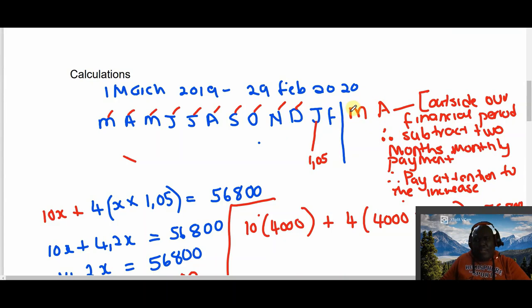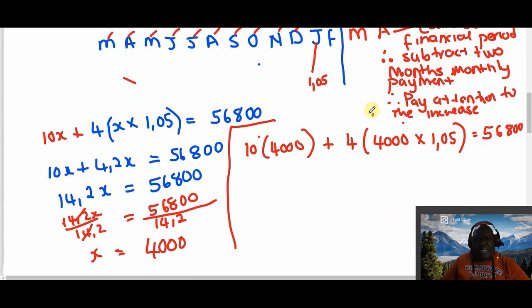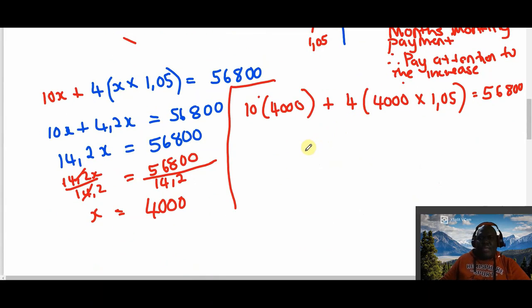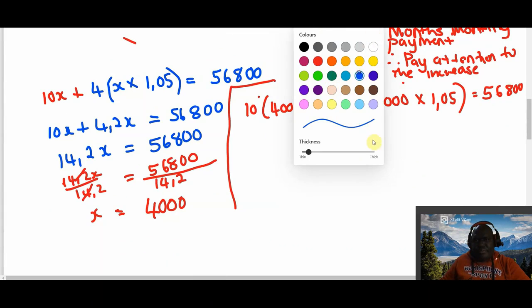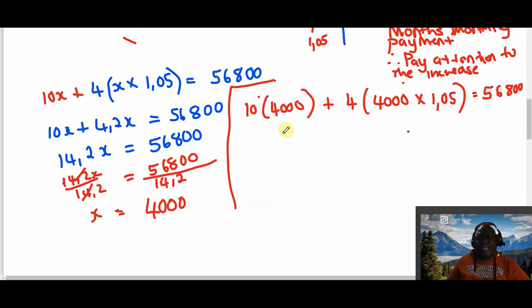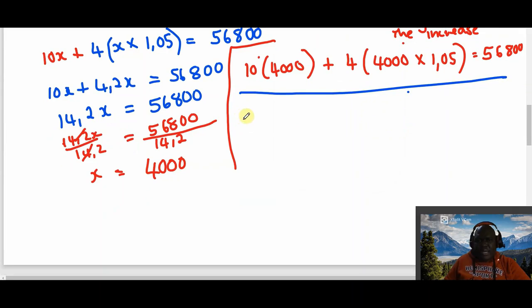And we know that our expense is prepaid by 2 months, which is what we want to subtract from our information. So we're still going to come here, go to the blue pen. So I'll just underline here so that we can show that we are now doing something.